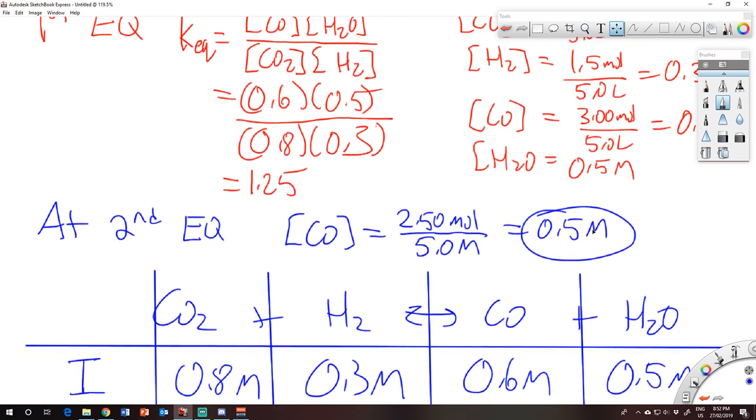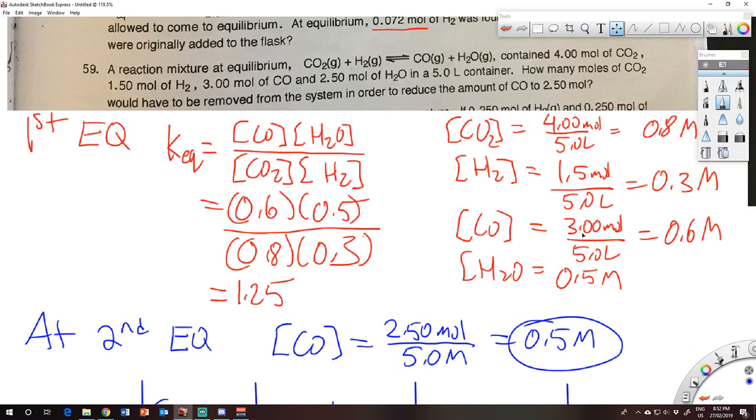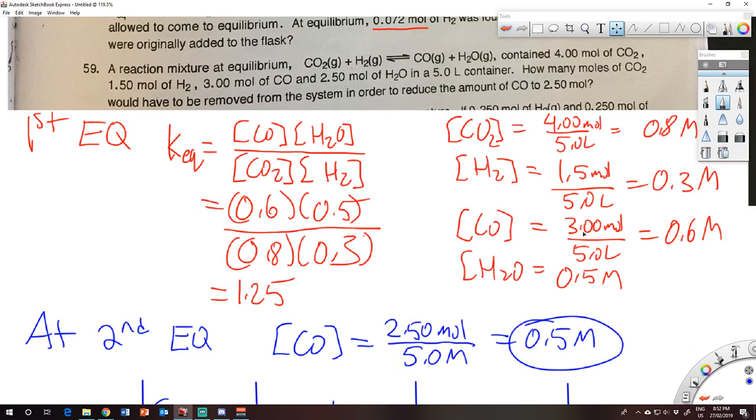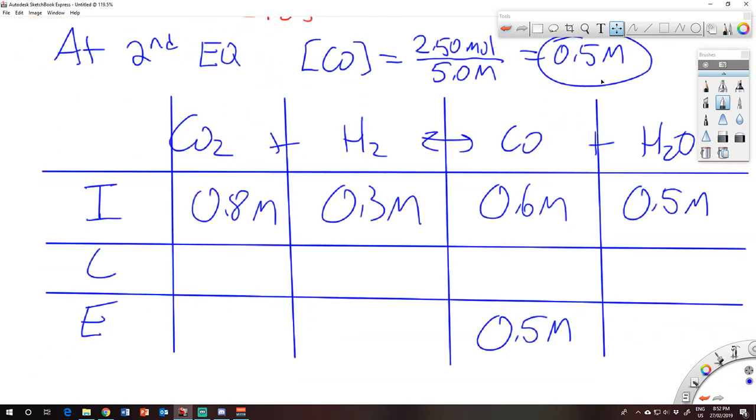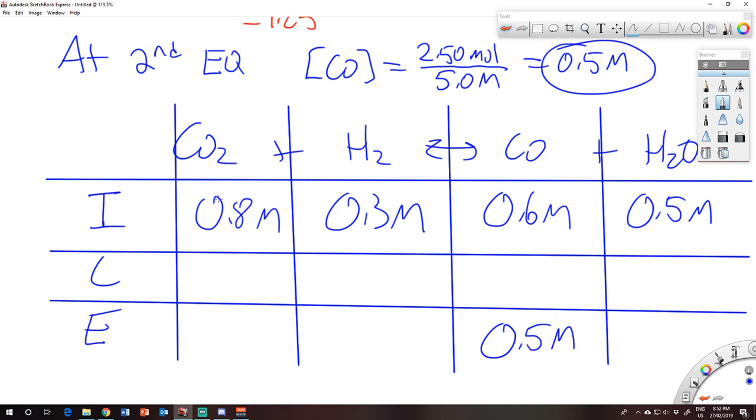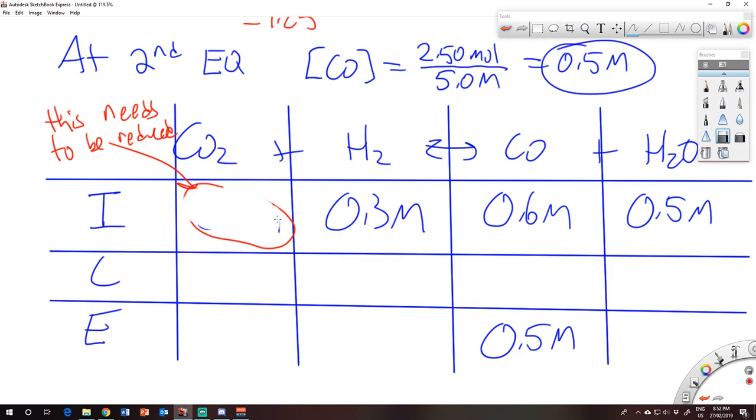Okay, and the question wanted us to find how much CO2 needed to be removed from the system in order to reduce the amount of CO. So this needs to change, this needs to be reduced. I probably shouldn't leave it as 0.8 molar.